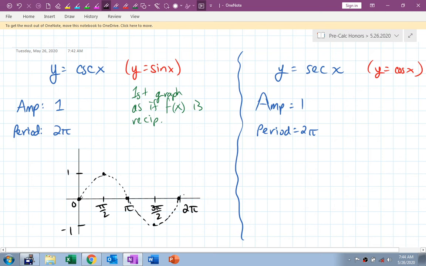Now what we do is you're going to make vertical asymptotes at the x-intercepts. So wherever there's an x-intercept, we're going to put a vertical asymptote.